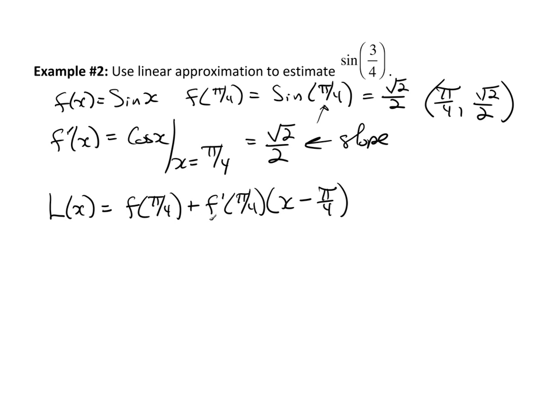To tie this in with what I did earlier, a is pi over 4. So all this is f of a plus f prime of a times x minus a.